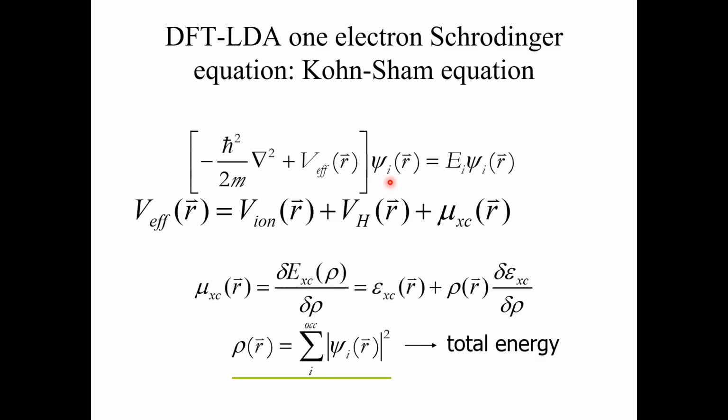It can hold one electron of one particular spin, or that orbital can hold two electrons of two different spins. When I go in the periodic table from hydrogen, helium, lithium, beryllium, and so on, I have 1s orbital, 2s orbital, and so on. Likewise, here I am going to talk about Kohn-Sham orbitals.